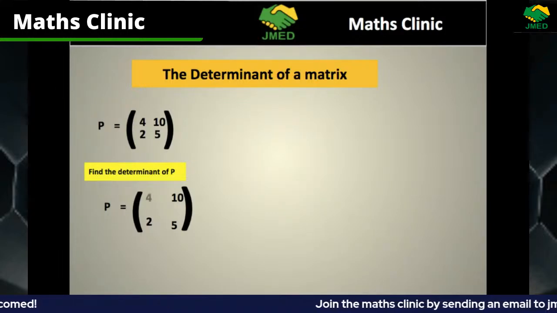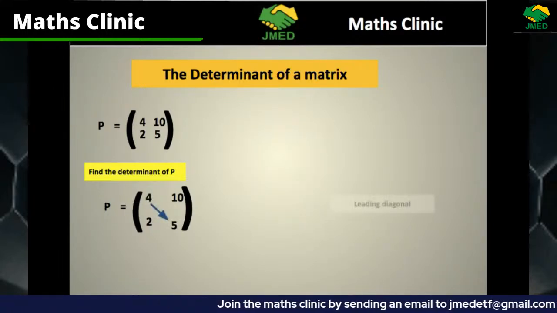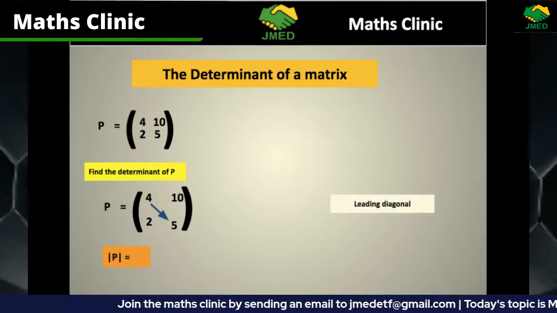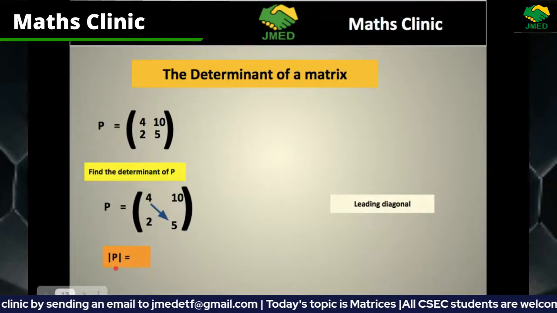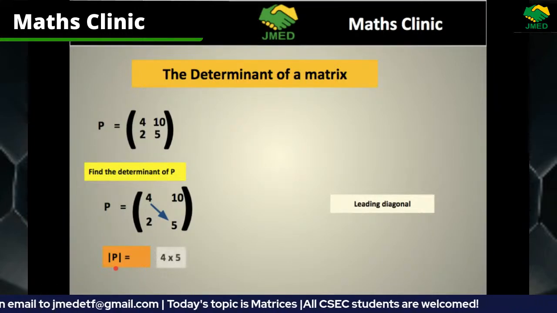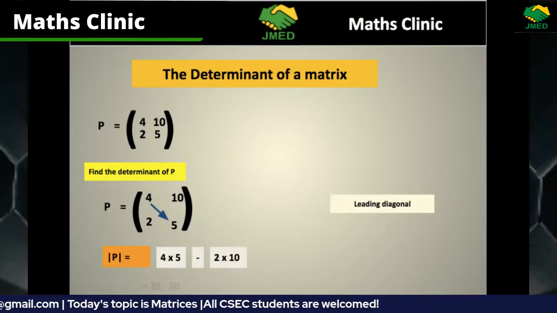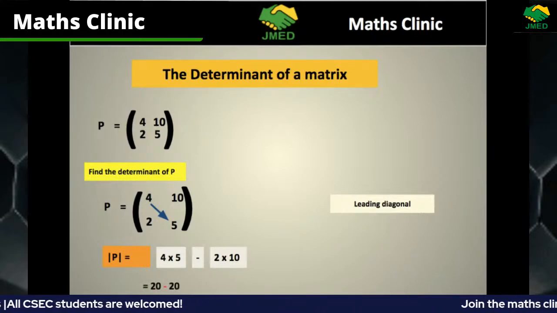Let's check. Find the leading diagonal. Then remember that notation, determinant of P. Get used to all the different notations. So we get 4 times 5 minus 2 times 10, 20 take away 20, and we get 0.